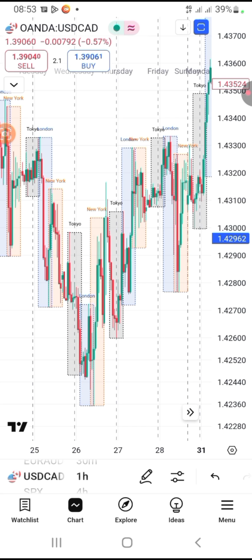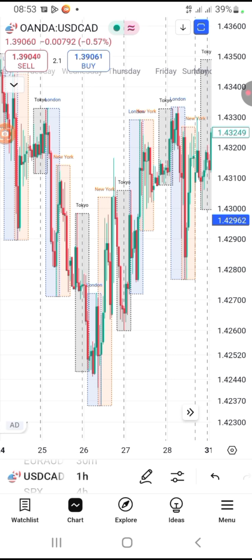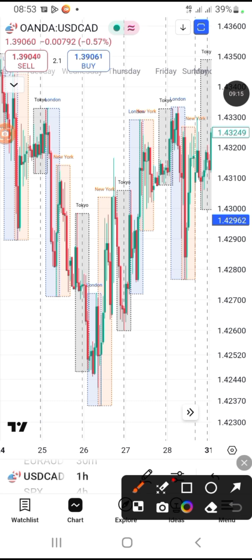Okay, so now this is an example of an uptrend. Please let me take out this. So right here in an uptrend, you can see that the market came down and took out this zone. So this is a zone that the market took out. So the market is in an uptrend.